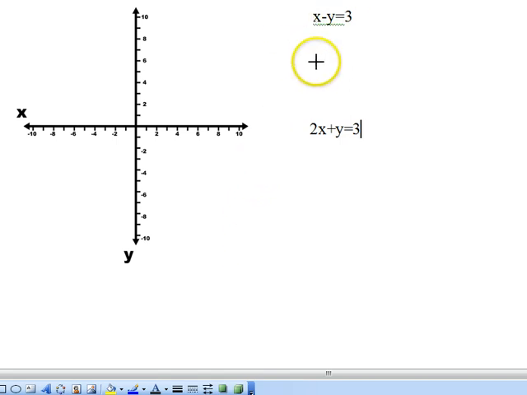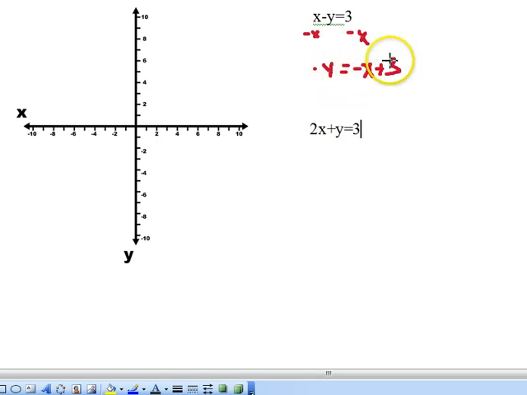And so for this one, we're going to subtract x from both sides, and we're going to get negative y is equal to negative x plus 3. But this is negative y, which essentially means the opposite of y.